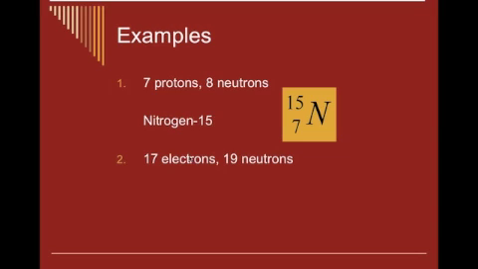So first, we write chlorine, and then the mass number, so 17 plus 19 would give us 36. So we would have chlorine-36. Then, to write it in nuclear symbol notation, we would just write 36 all over 17 and Cl for chlorine.